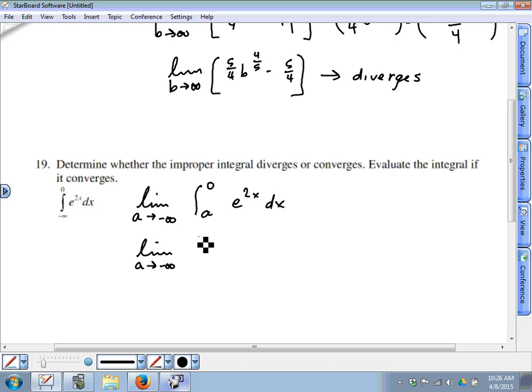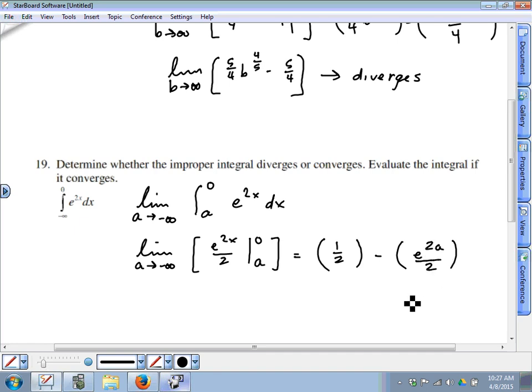So the antiderivative is e to the 2x over 2, and we evaluate that from a to 0. So at the upper bound, plug in a 0, e to the 0 power is 1, that's 1/2. The lower bound is e to the 2a over 2.